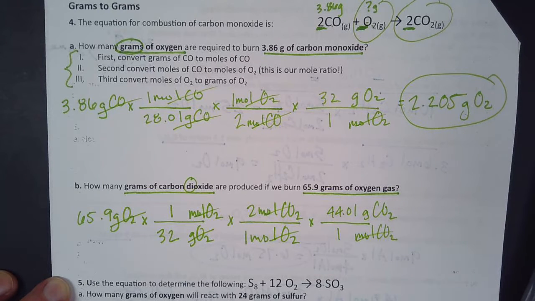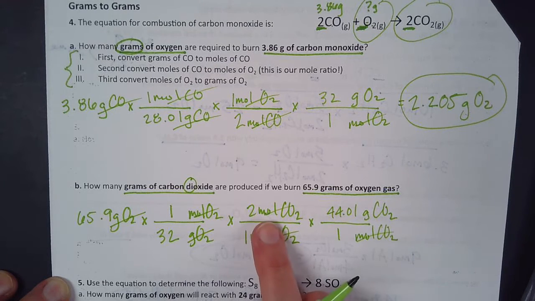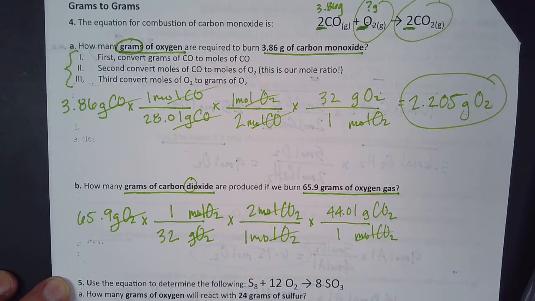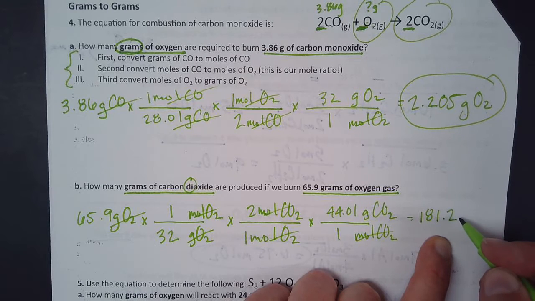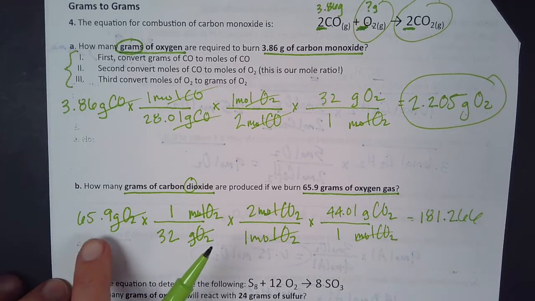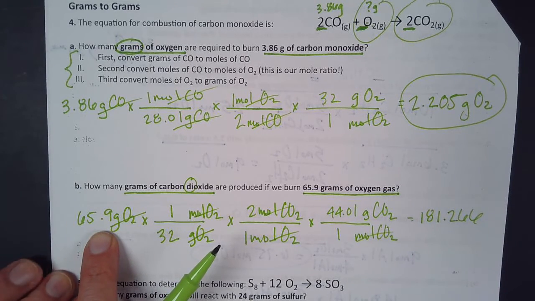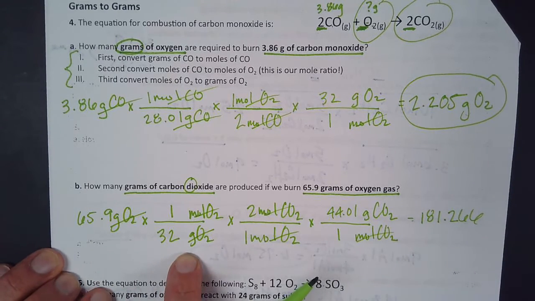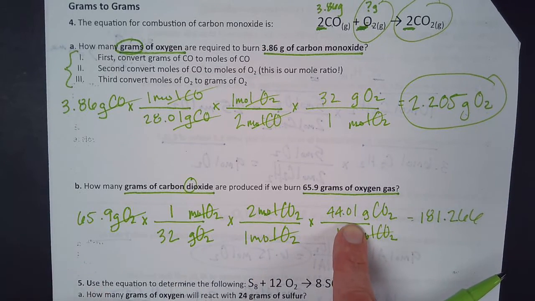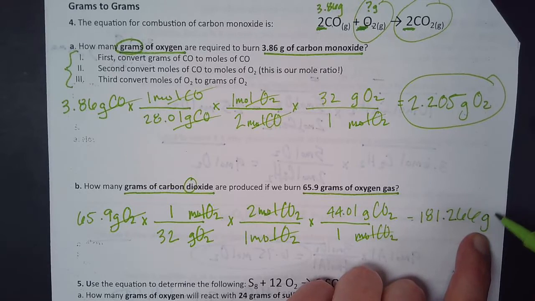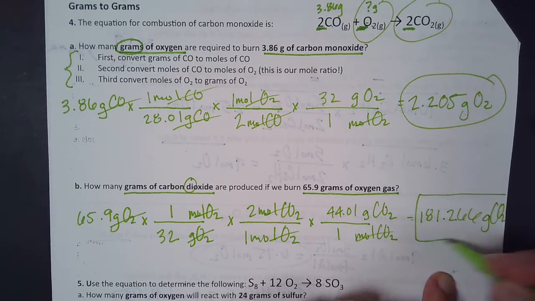So we're going to take 65.9, divide by 32, times by 2, times by 44.01, and you get 181.266 grams of CO2.